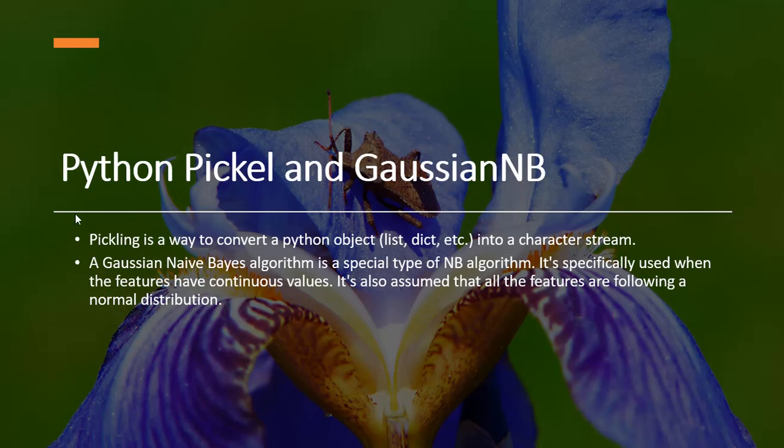So pickling is a way to convert a Python object into a character string. And a Gaussian naive Bayes algorithm is a special type of naive Bayes algorithm. It's used when the features have continuous values and all the features are following a normal distribution.